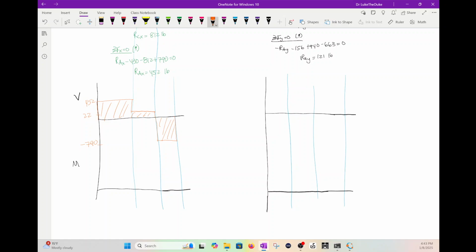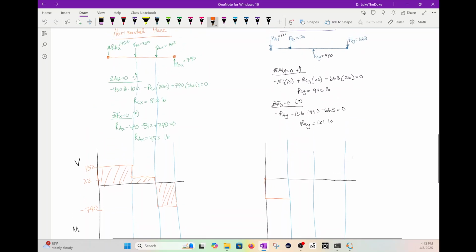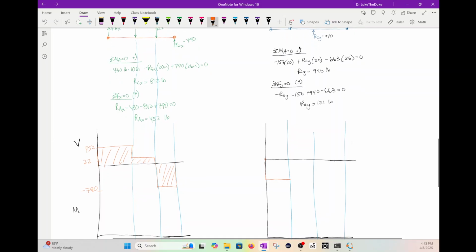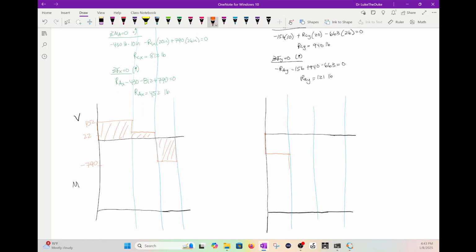Let's do this one. So here RAY is going to go downward. We're going to go over. Then it should go down more, right? Yep. It should go down. This is going to be negative 277. This was negative 121. It's going to go over.